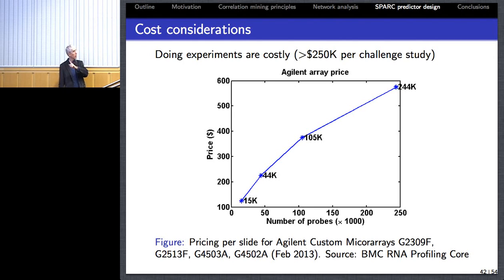But my point here is to show that one can do significantly better using this progressive sampling strategy that was motivated by these regimes of operation. So this shows why it makes sense to do progressive sampling. Let's say that you're doing experiments that are very costly. We paid about $250,000 for each challenge study.